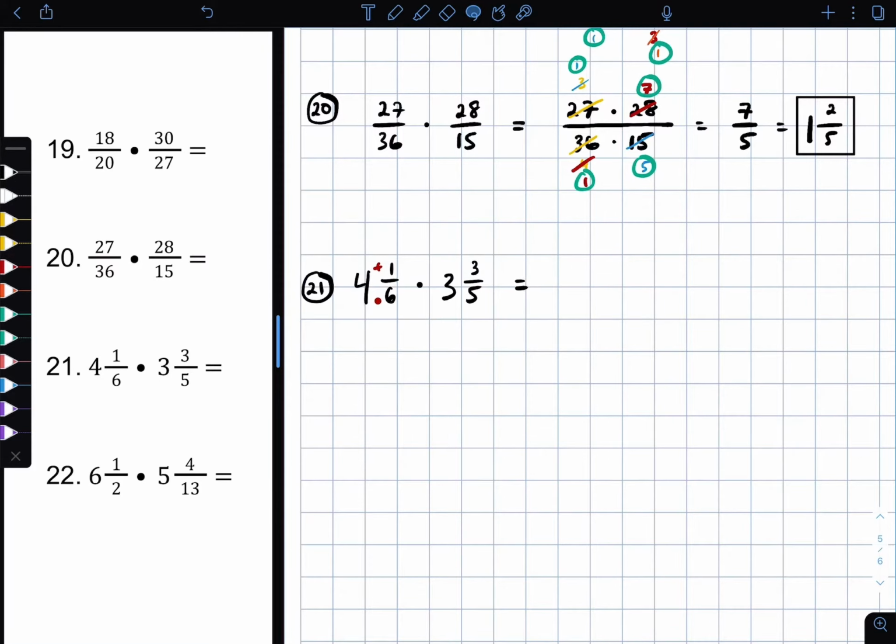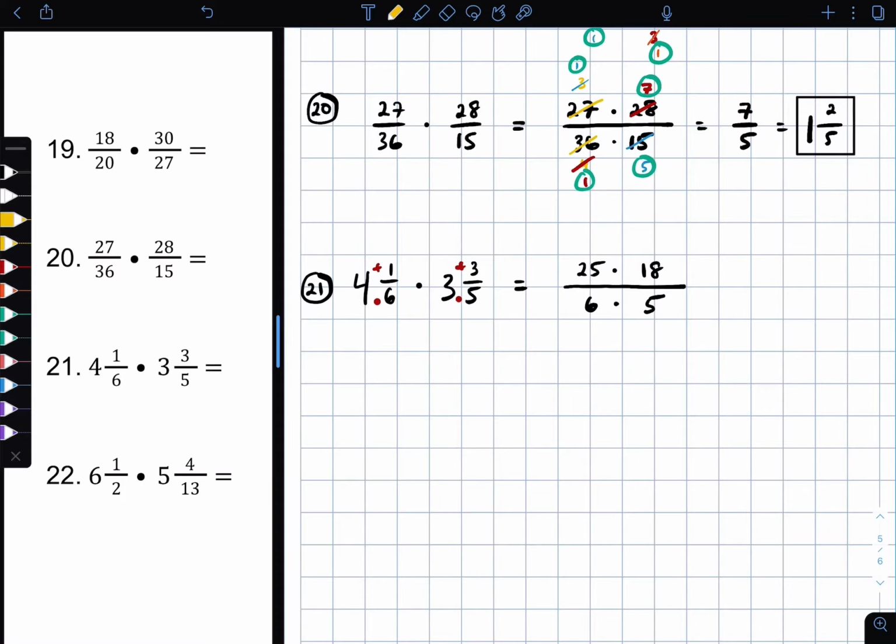Let me move this so it's consistent with the others. Just easier to keep it organized. So again, 4 and 1/6 is going to be 25 over 6. And then 3 times 5 is 15, plus 3 is going to be 18. So it's going to be 18 over 5. Okay, so make sure we always turn it into improper fractions first before we do anything else.